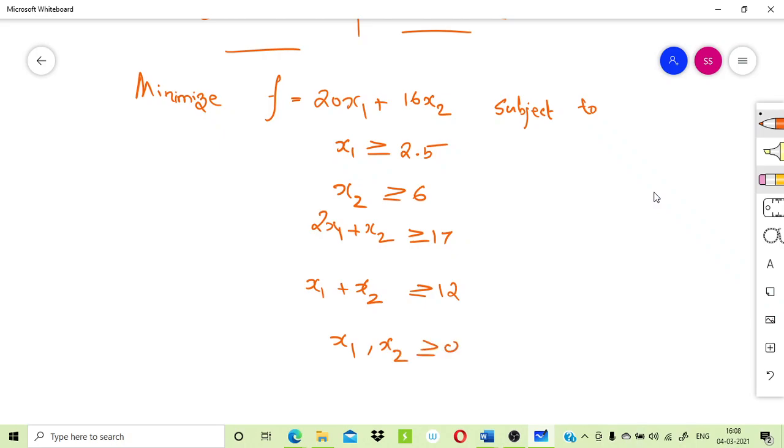That means non-negative, either 0 or any positive. So this is our optimization LPP problem.